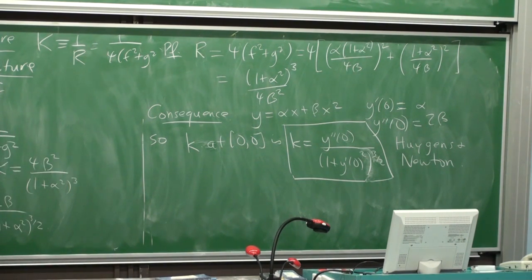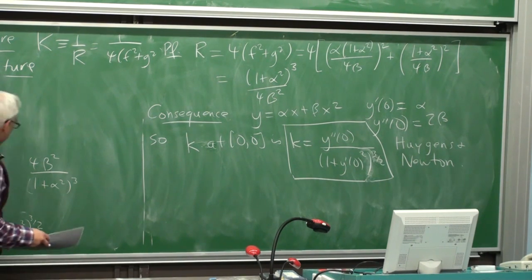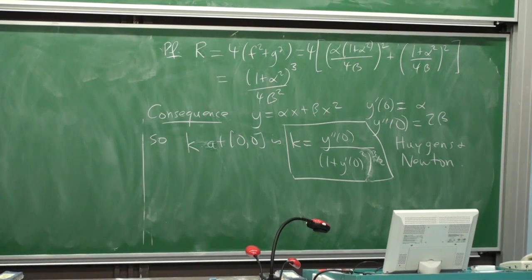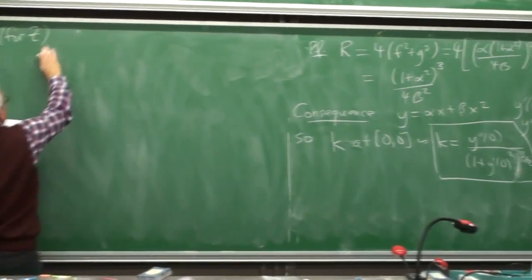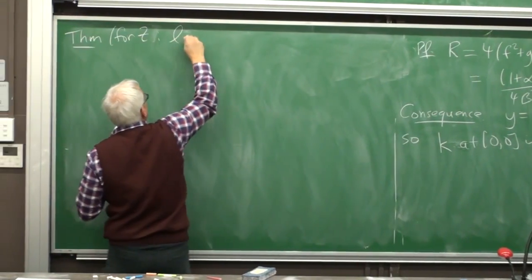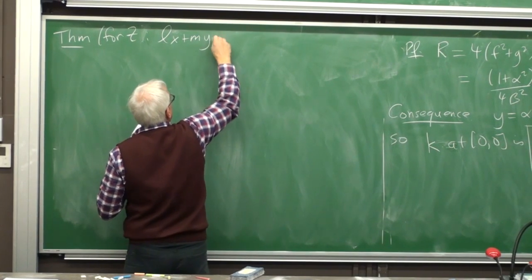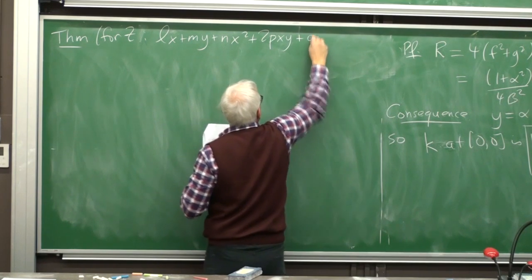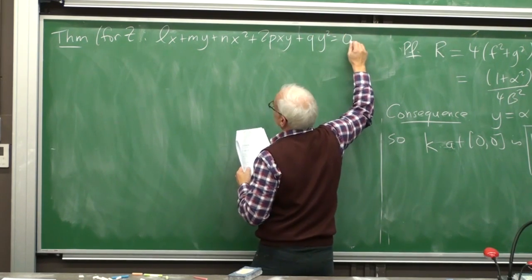Okay, now there's a corresponding theorem for the general conic. Of course, there's a little bit more involved. So the theorem, so this is now for this general conic Z. And maybe I should remind you that the conic that we're talking about is lx plus my plus nx squared plus 2pxy plus qy squared equals 0.